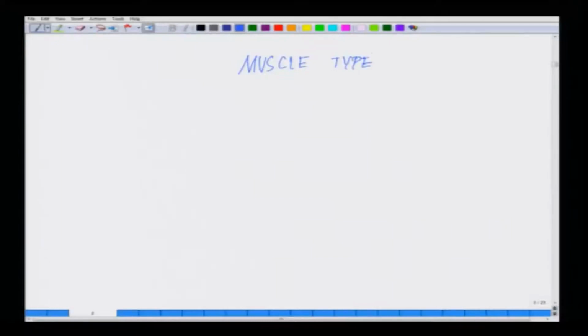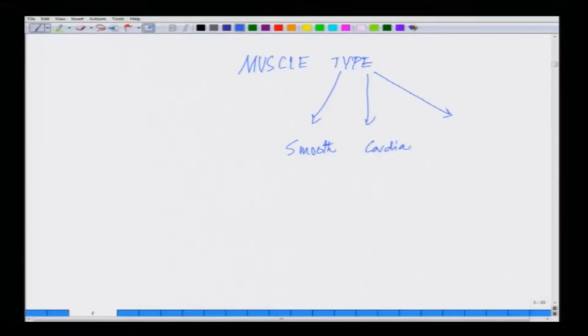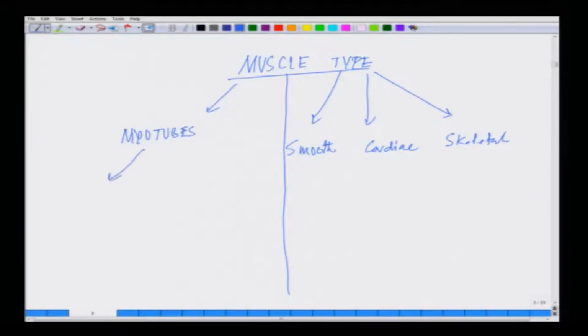There are multiple ways you can classify the muscle. One classification is of course the most traditional one, which is smooth muscle, cardiac muscle and skeletal muscle. But at the level of myotubes, there is another set of classifications, called intrafusal muscle and extrafusal muscle.